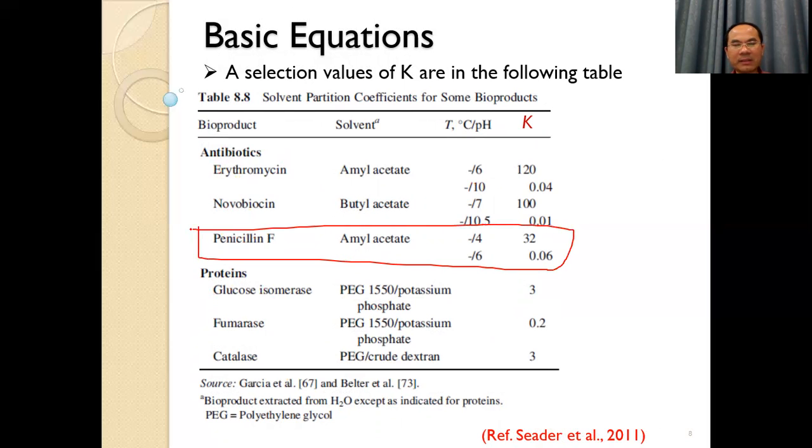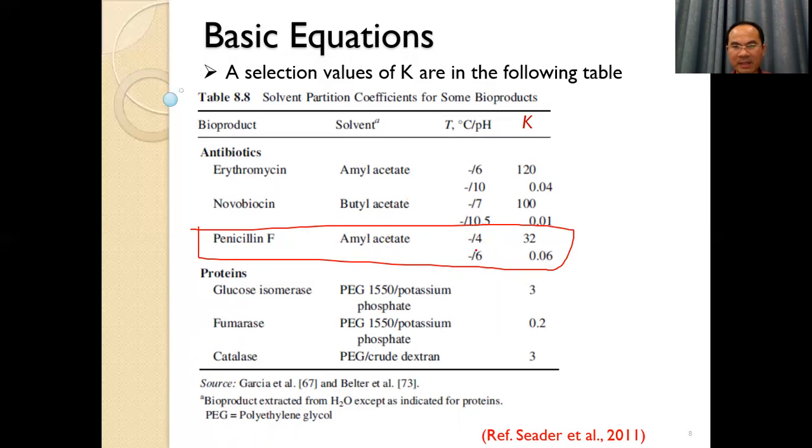If we use penicillin F, we use the solvent amyl acetate. We would like to separate penicillin F by using amyl acetate at pH 4 and pH 6. It's a different K value. For this case, at higher pH, it's hard to separate penicillin.